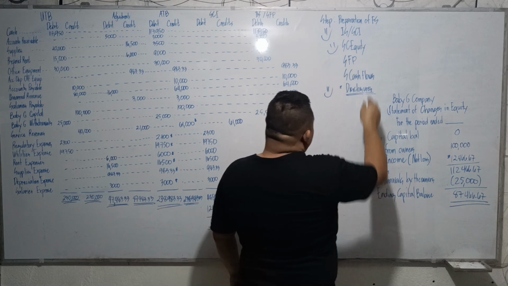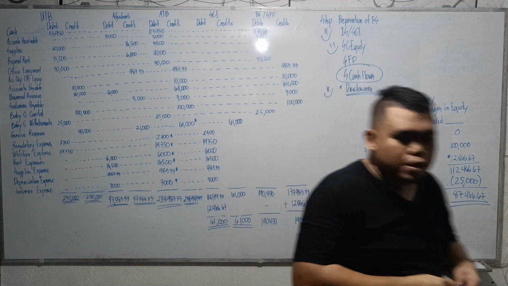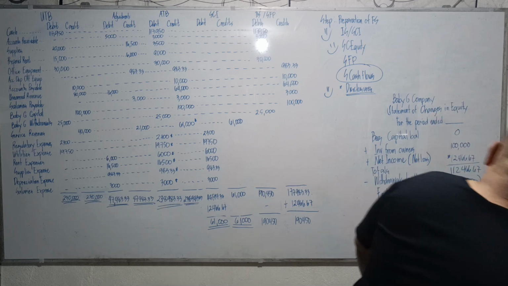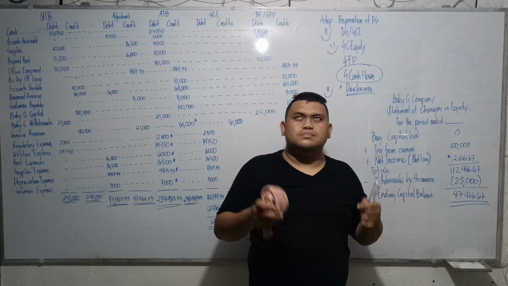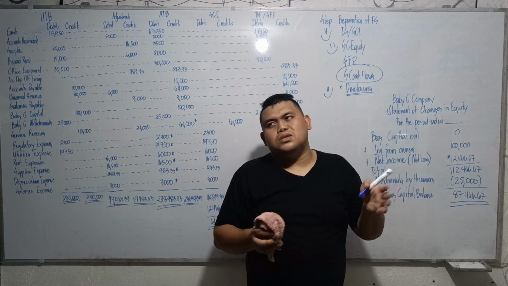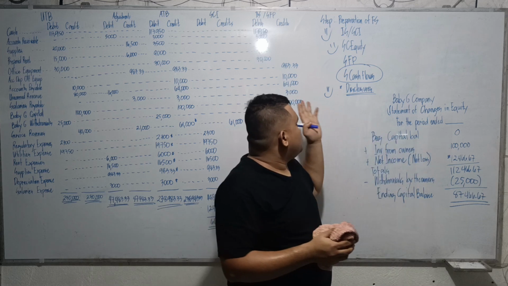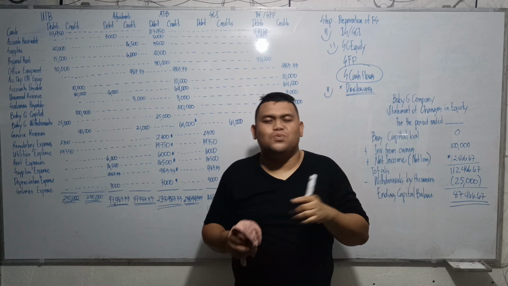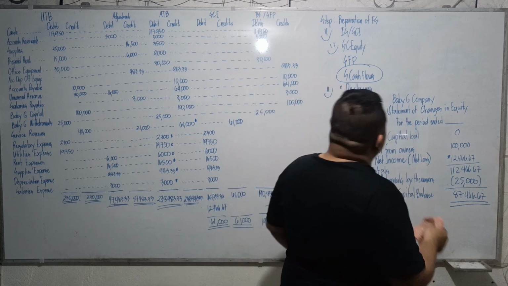The statement of cash flows, we're going to have a separate episode for that one because I have something to tell you. Meaning, the statement of cash flows is actually, I need more time to discuss this with you. So let's dedicate a single episode for it. So our last financial statement that we're going to talk about in this episode is the statement of financial position.